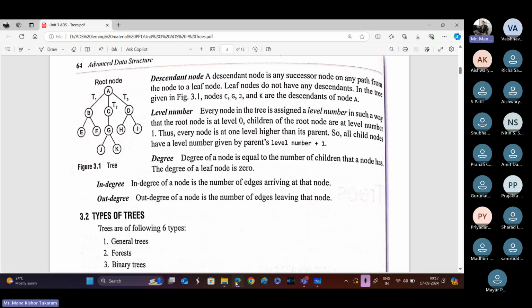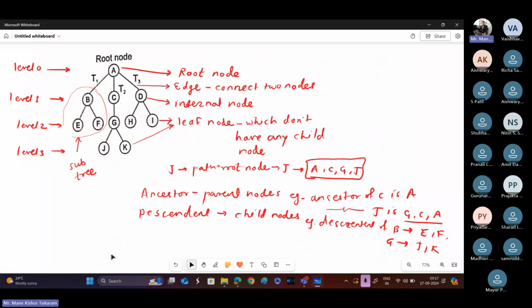Then degree. So what does degree mean? Suppose this is the structure.